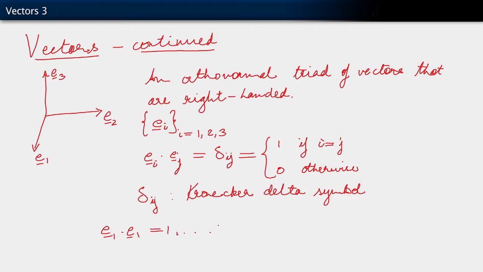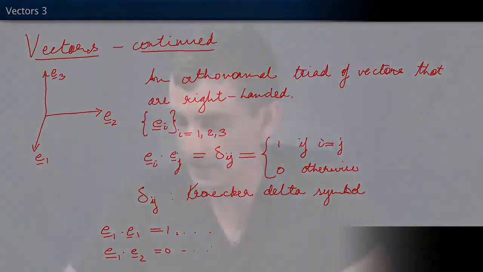E2 dot E2 equals 1, E3 dot E3 also equals 1, and E1 dot E2 equals 0, right? And so for E1 dot E3 and E2 dot E3. And immediately these properties tell us that the vectors, our basis vectors, are unit vectors, and furthermore that they are perpendicular to each other. Okay? And that leads to the term orthonormality. All right?